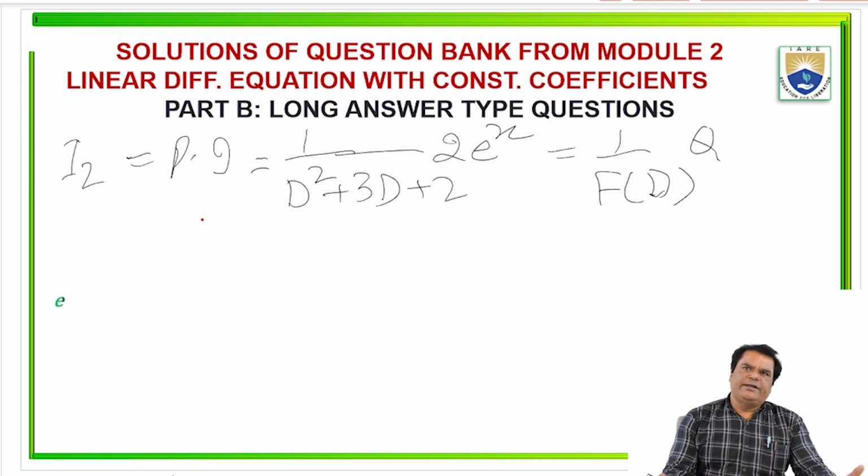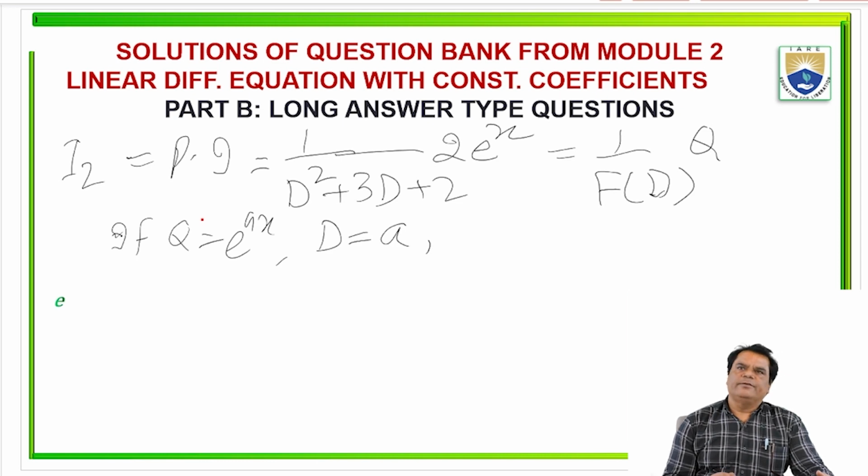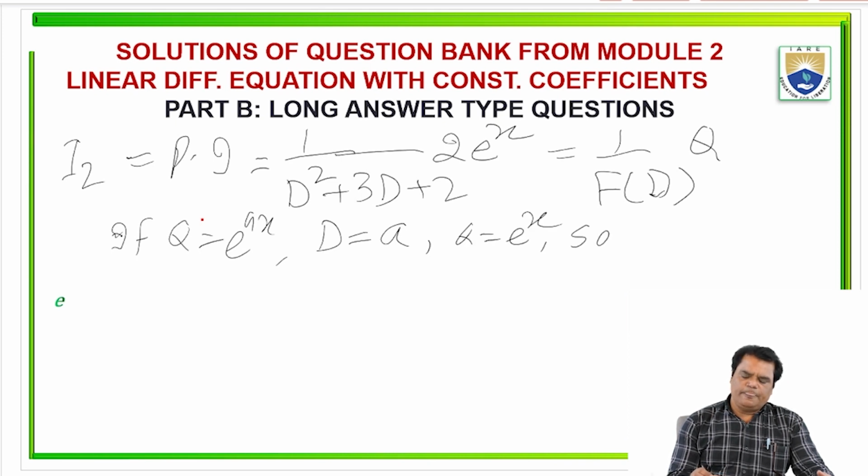The value of Q, the second value of Q, gives this result: e to the power ax. If Q is e to the power ax, then put D equal to a. Here Q is e to the power x, so a is 1. Putting D equal to 1.